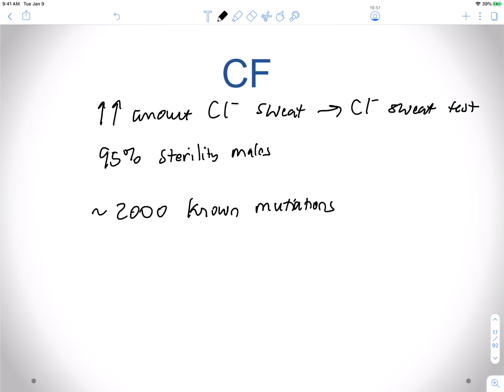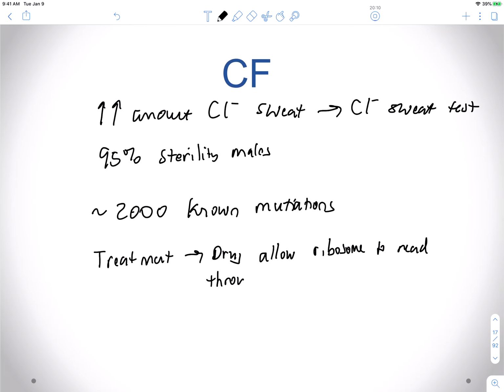There are some treatments, and so the treatments are drugs that are going to allow your ribosomes to read through stop codons. And this is because there is a very common mutation, it's a missense mutation at position 551 that results in a stop codon.